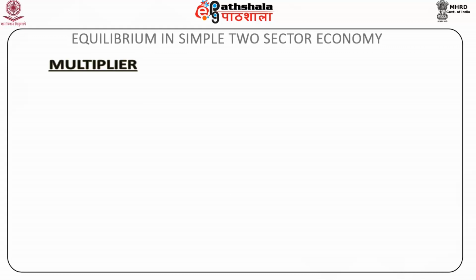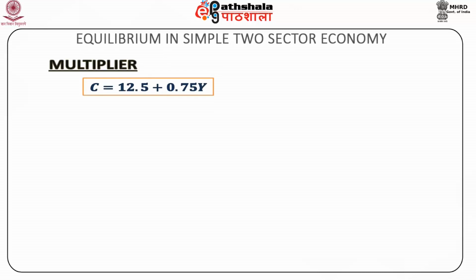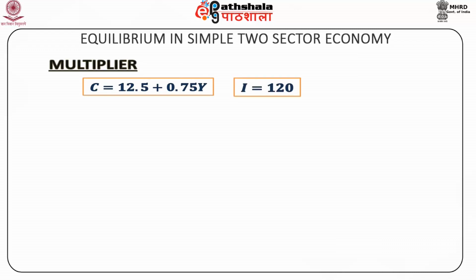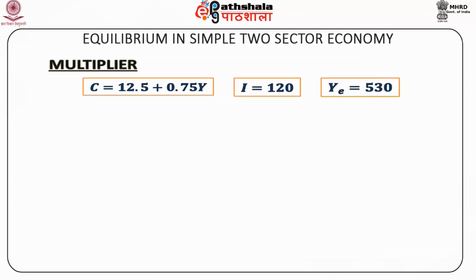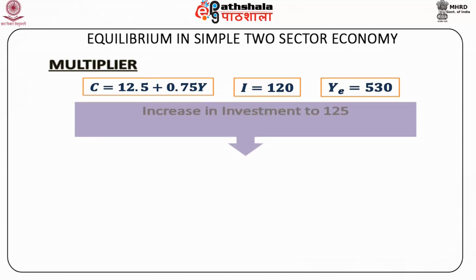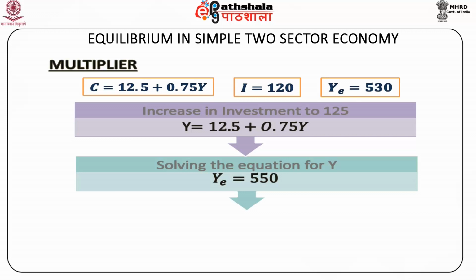Continuing with the same example of income determination, where C is equal to 12.5 plus 0.75y, I is equal to 120, and equilibrium income is 530. Now, suppose investment increases to 125. The new equilibrium becomes y is equal to 12.5 plus 0.75y plus 125. This results in equilibrium output equal to 550.